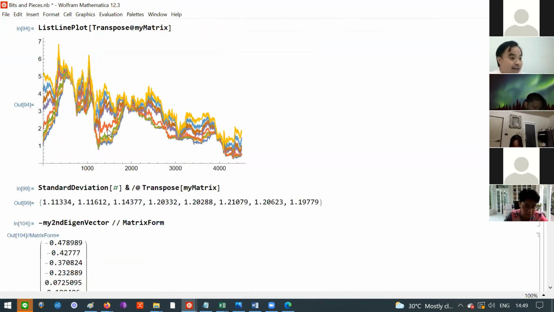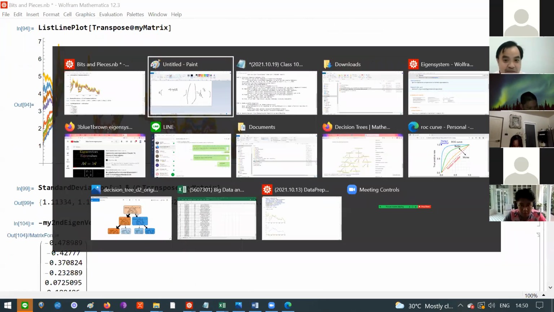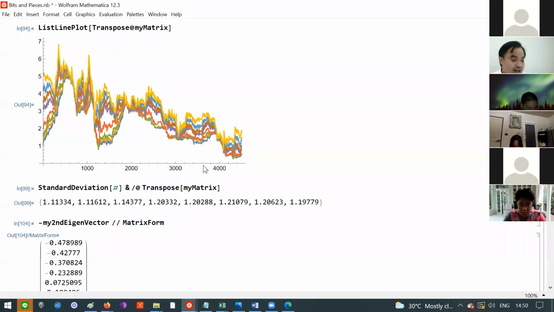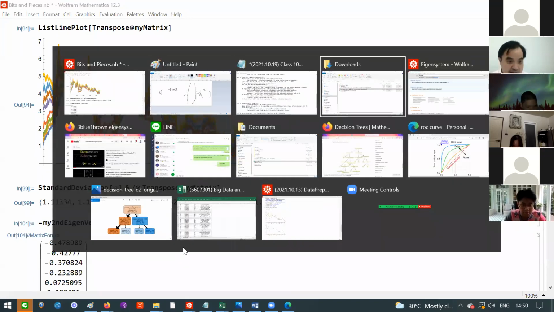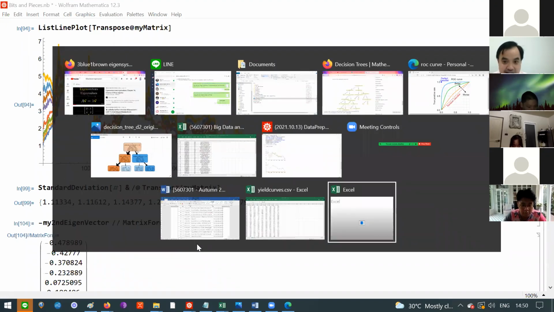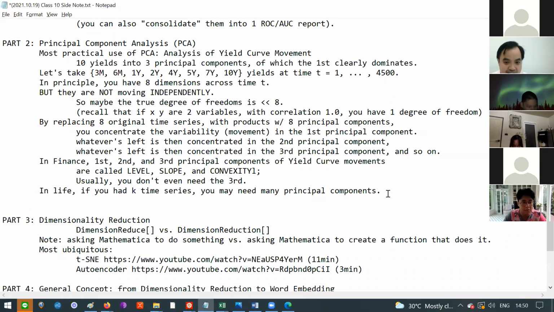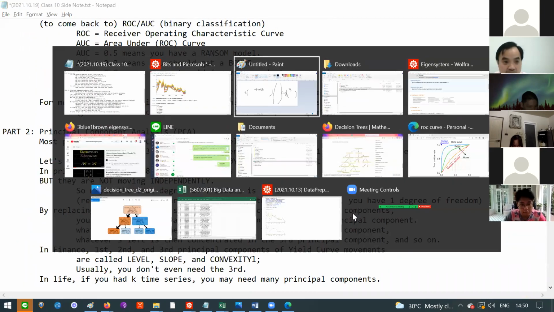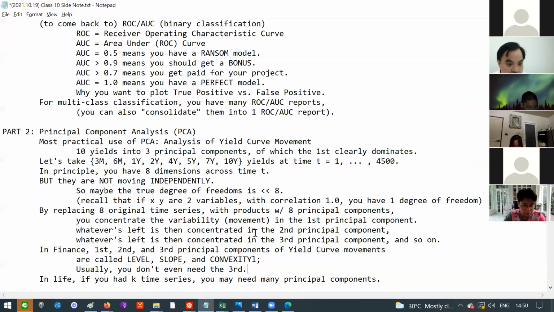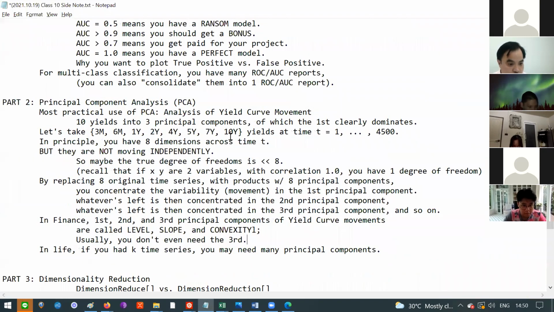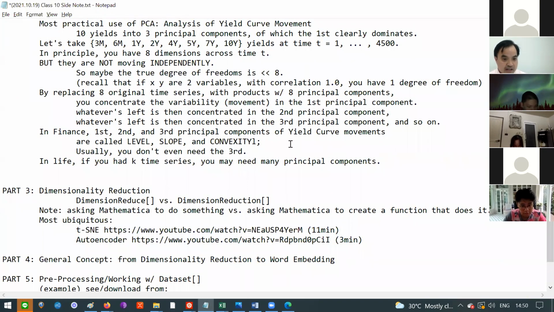Now in life, it's not going to be like this, right? You have different data. So if I had, let's say, cancer data, it's going to have a different kind of interpretation. But it just so happens that in finance, you only need 3.